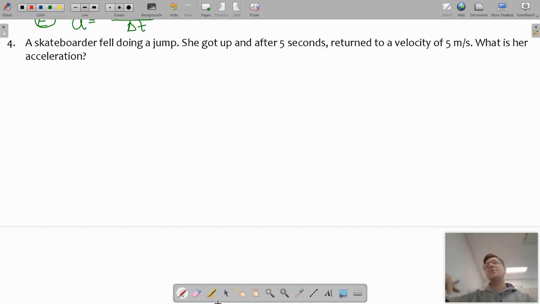And then it says after 5 seconds returned to a velocity of 5 meters per second. So we are implying that the initial velocity is 0, and then returned to a velocity of 5 meters per second. That is going to be the final velocity of the girl. And it says that this took 5 seconds, so that's going to be our time interval.